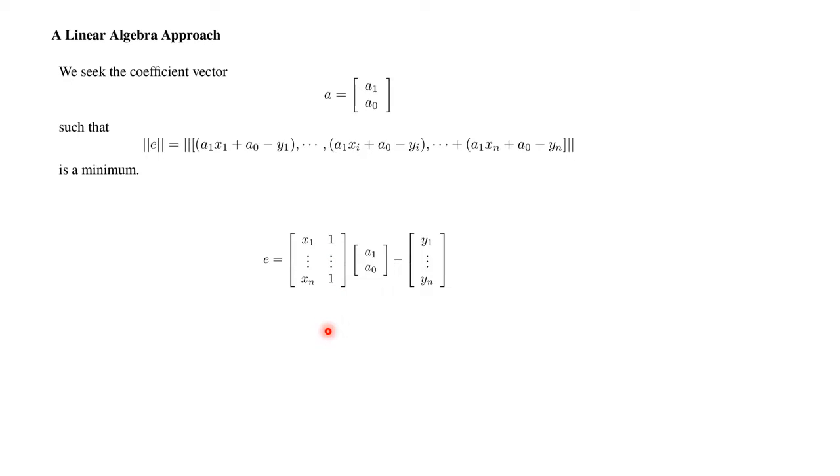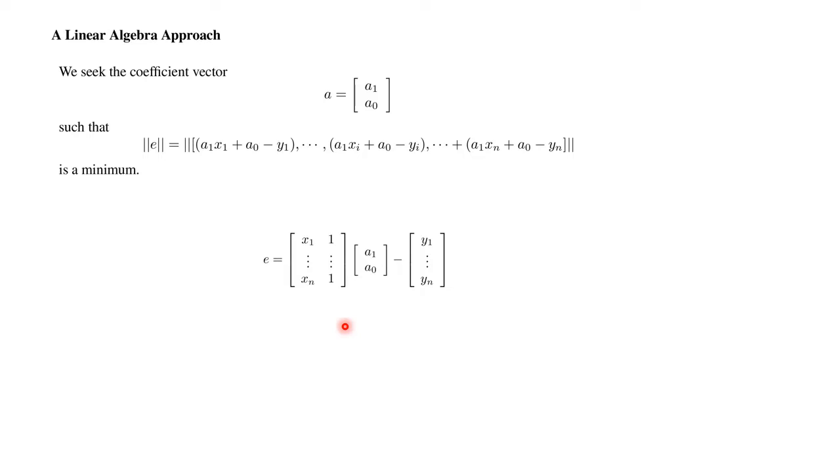That's how matrix multiplication works. Again, get out your piece of paper and make sure that this just gives you that. A1 times x1 plus A0 times 1, that's that first one minus y1. Make sure that you are happy with that.